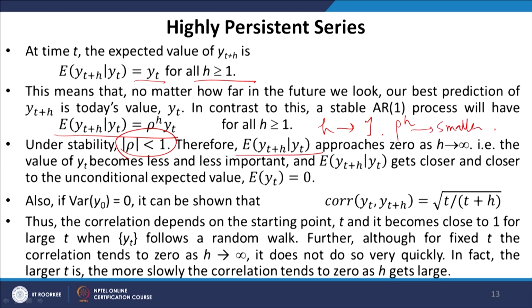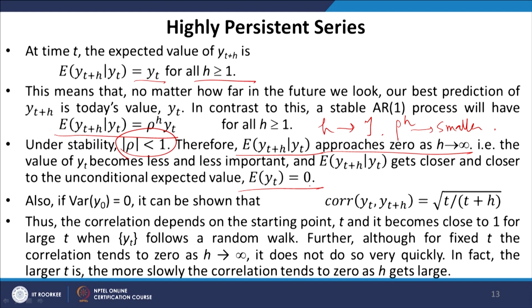Therefore, the expected value of yt plus h conditional upon yt approaches 0 as h tends to infinity. That is, the value of yt becomes less and less important and the conditional expected value gets closer and closer to the unconditional expected value, that is, the expected value of yt equals 0.